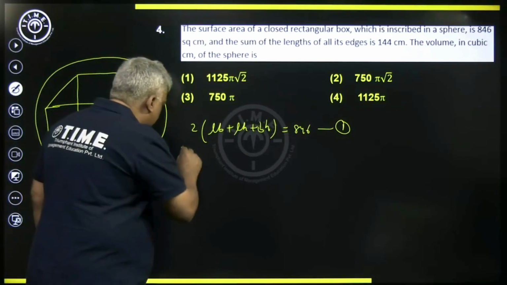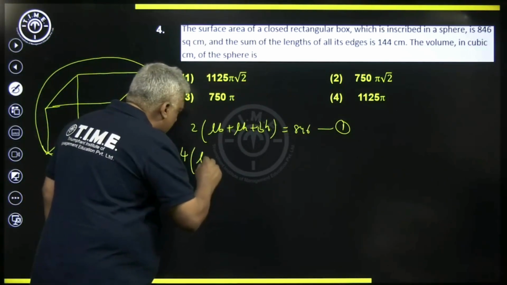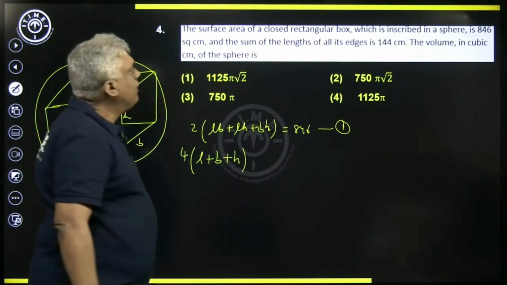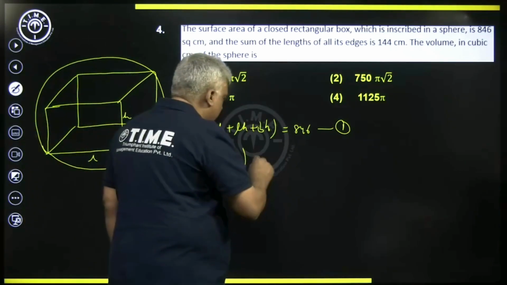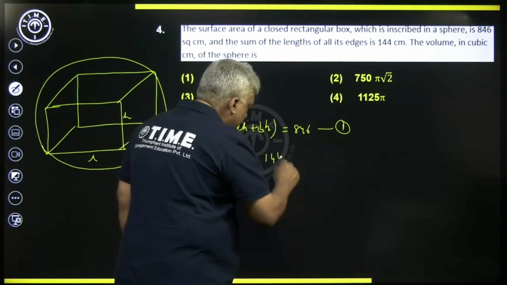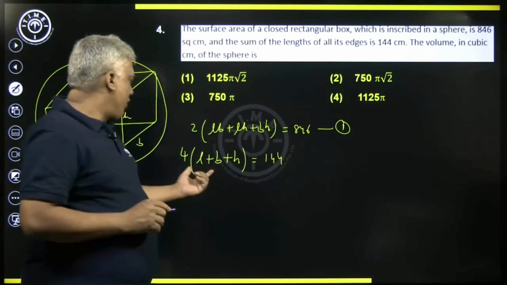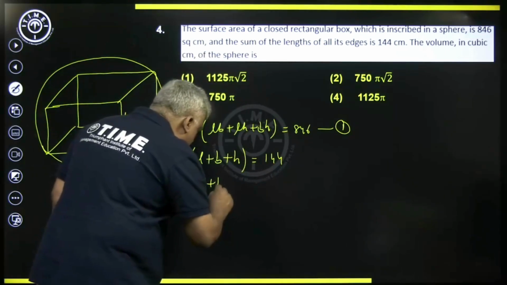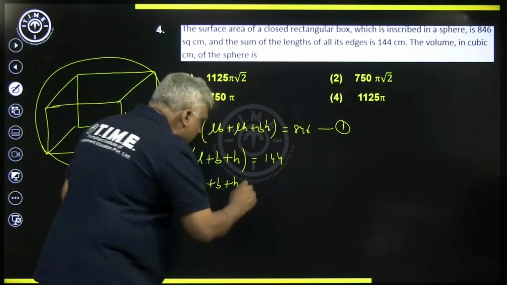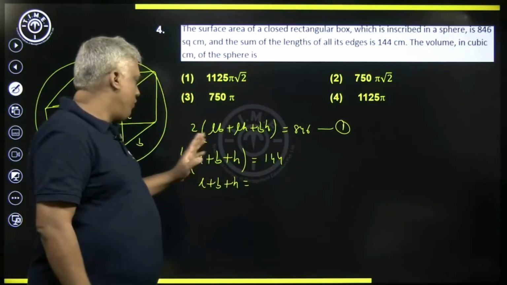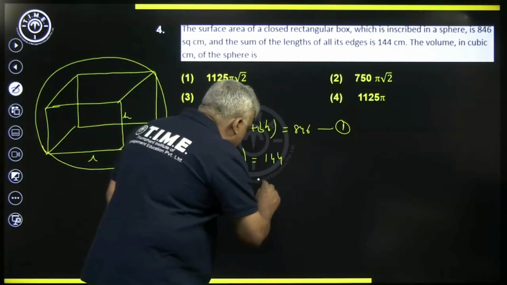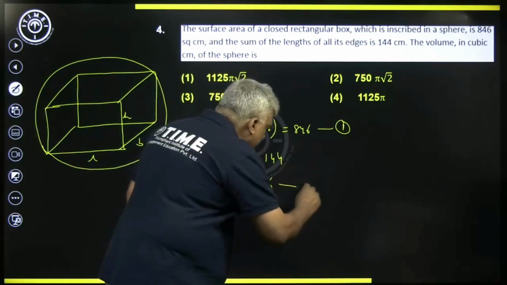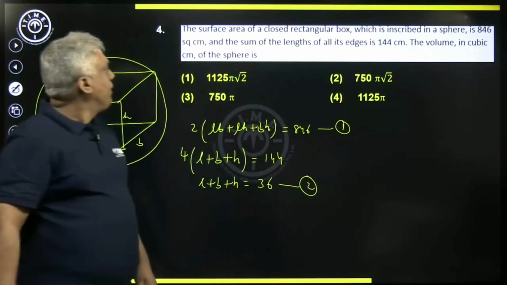So 4 times (length plus breadth plus height) is 144, or length plus breadth plus height will be 144 by 4, which is 36. Let us call it number 2.